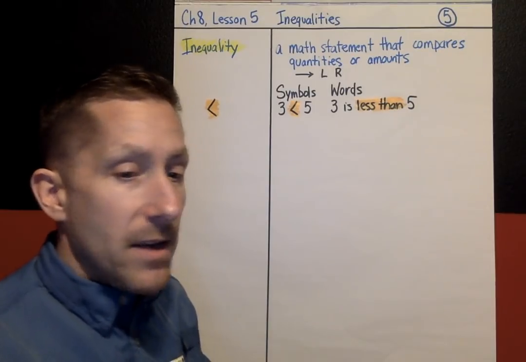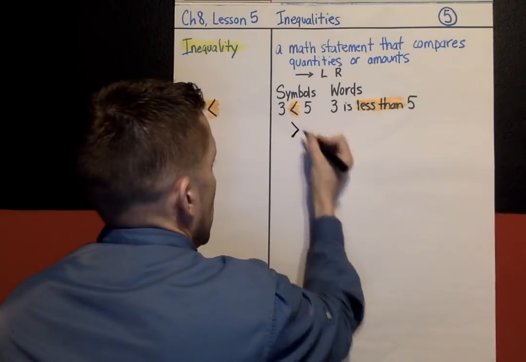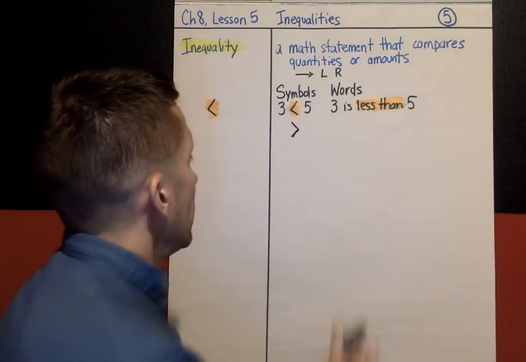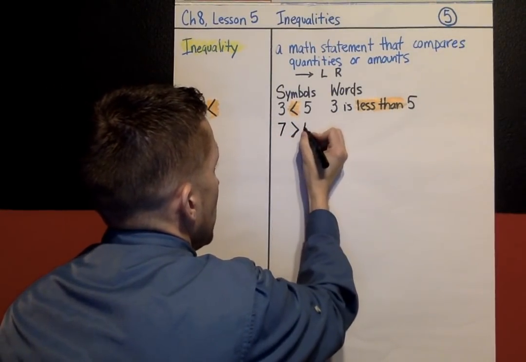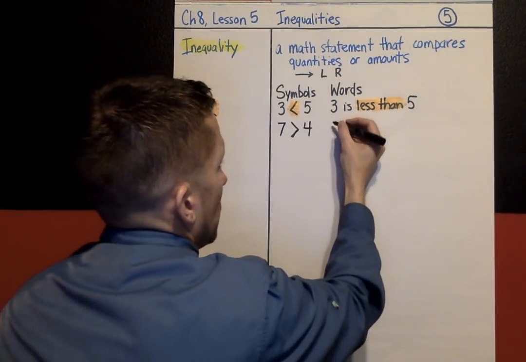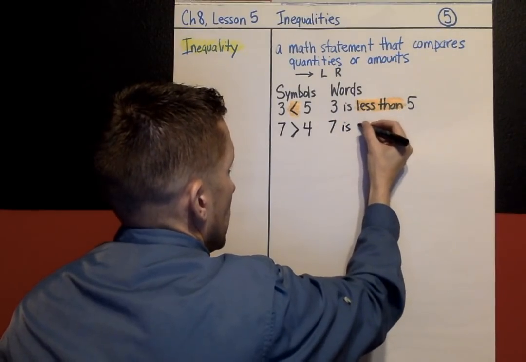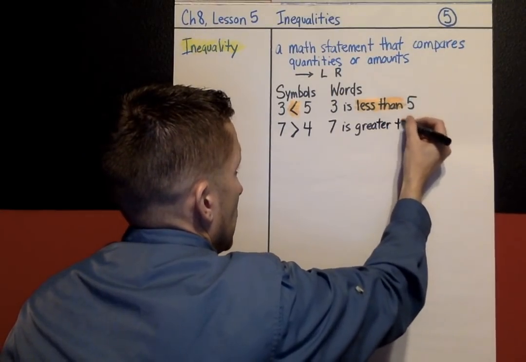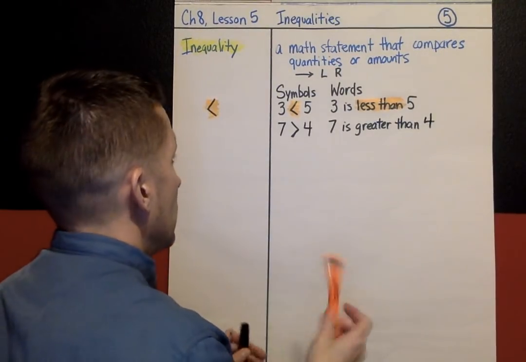Okay, the next inequality we're going to look at is this symbol. And again, I'm going to do the same thing. I'm going to put in some numbers that make it work. It's going to eat towards that amount. 7 blank 4. Well, the only words that work is 7 is greater than 4.